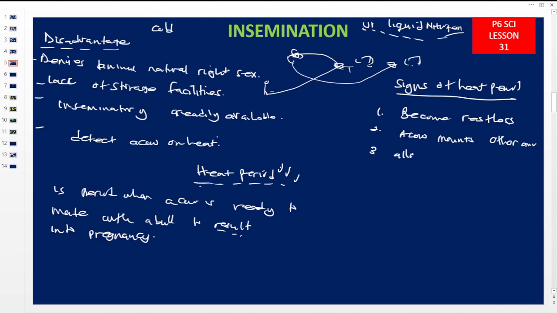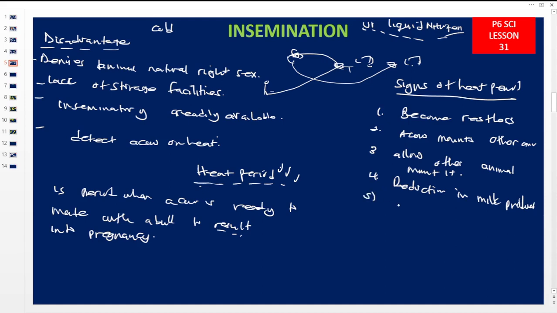This cow allows others to mount it, without fighting, without moving away. So it allows other animals to mount it. 4. If you are milking it, there is a reduction in milk production.